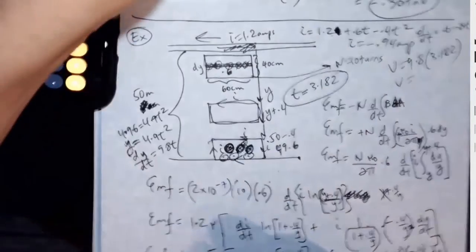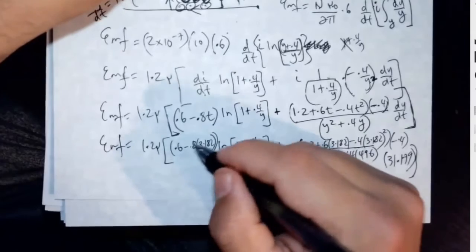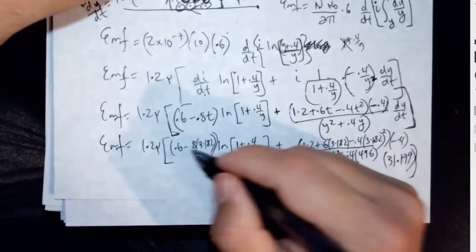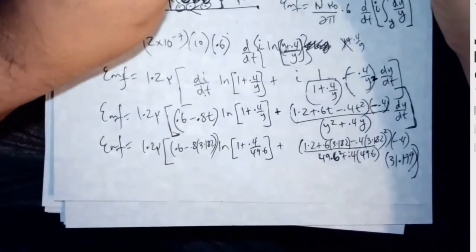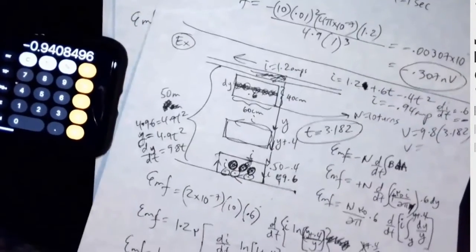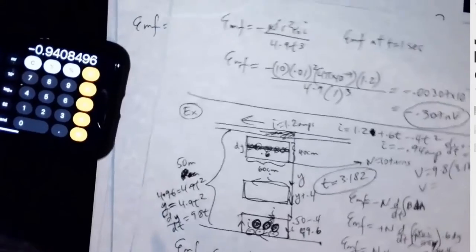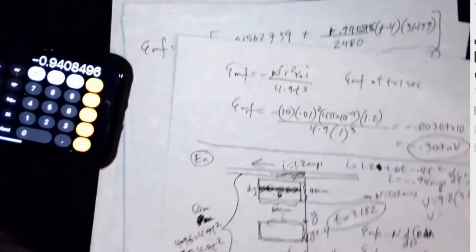So this is the di dt right here, which came out negative, right? The rate of change of the current came out negative. Remember, it was negative 3, was it? I wrote it somewhere.